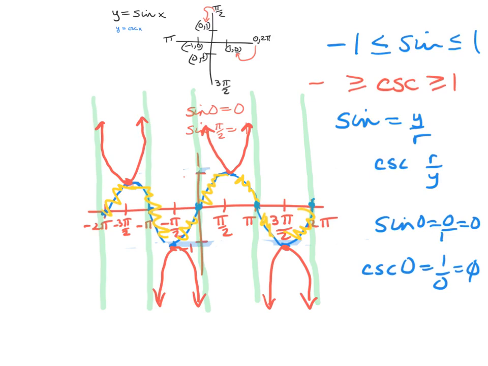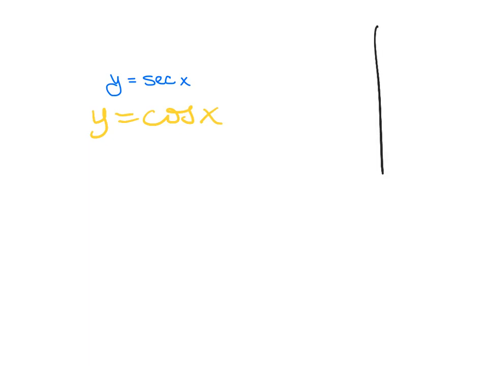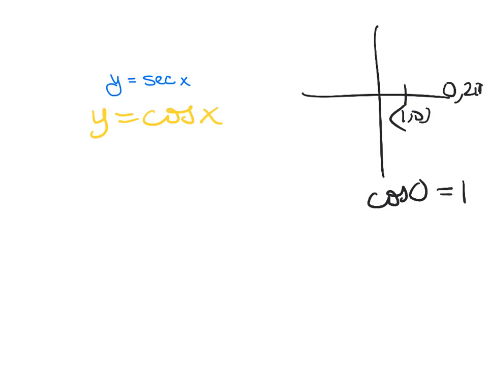All right, let's try now the secant graph, but before we can graph the secant graph, we need to graph the cosine graph first. So again, this time when we go to do this, for example, cosine of 0 degrees, remember cosine looks at x, so cosine of 0 degrees or 0 radians is 1.